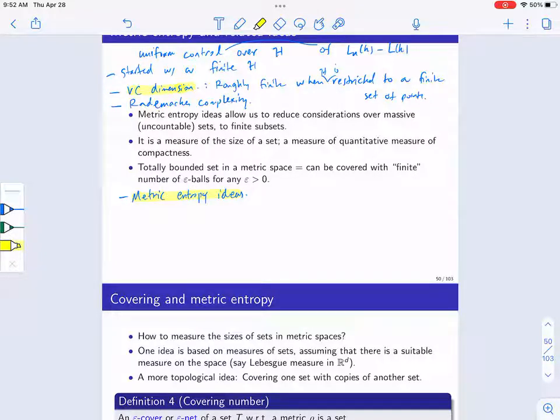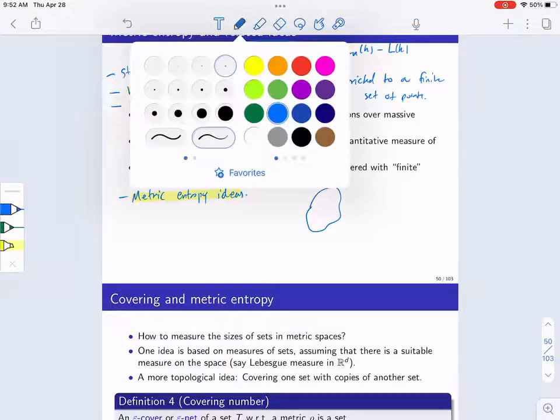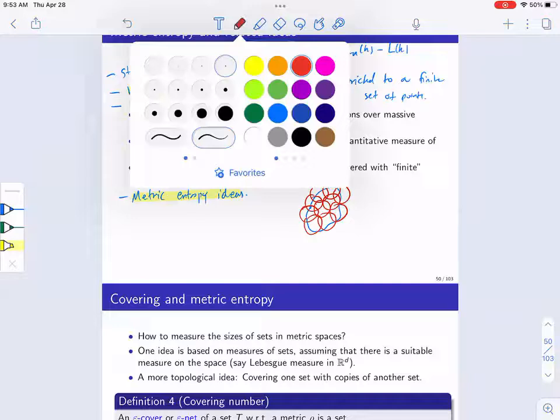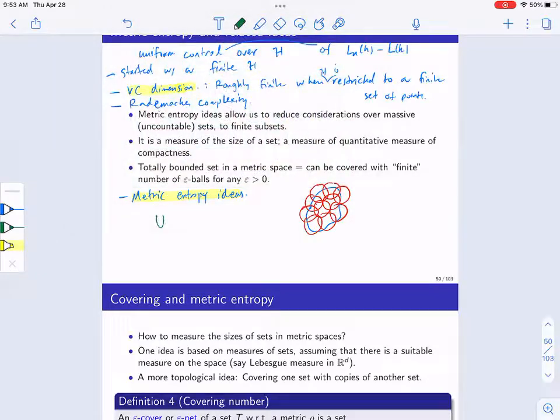Yes, okay, great. Every open cover of the set has a finite subcover. In R^n, compactness is equivalent to being closed and bounded. So if I have a set, let's say C, a subset of R^D, I can always cover it by the union of balls.